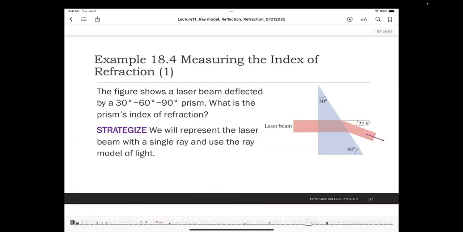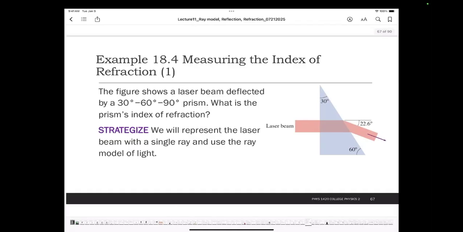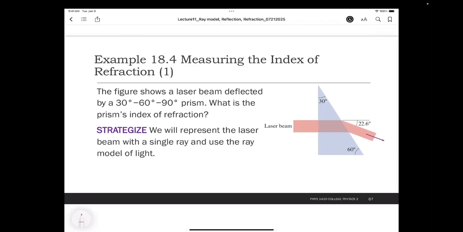Okay, let's talk about one example, measuring the index of refraction. This figure shows a laser beam deflected by a 30-degree, 60-degree, 90-degree prism. What is the prism's index of refraction? Here they give us this angle.